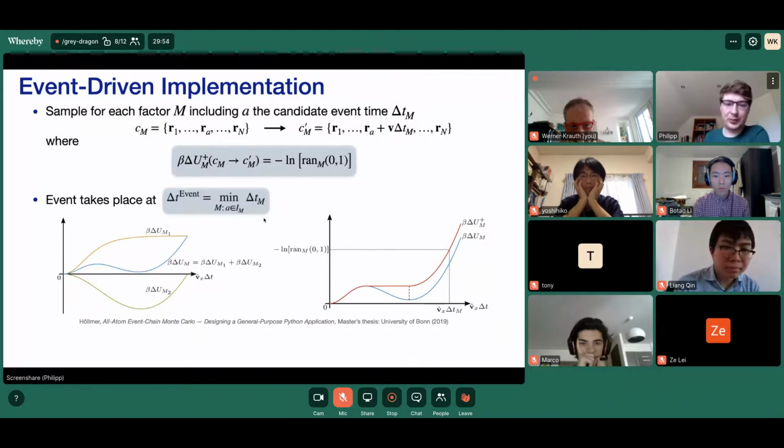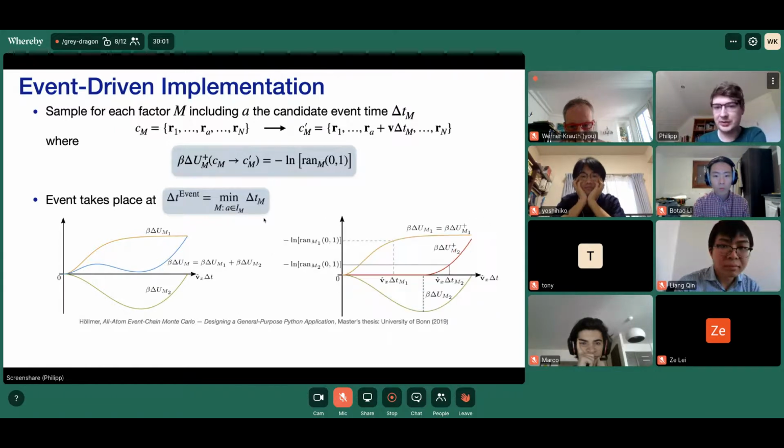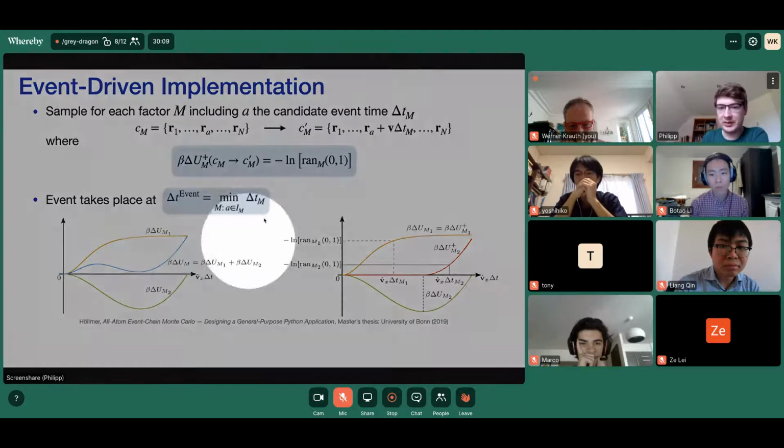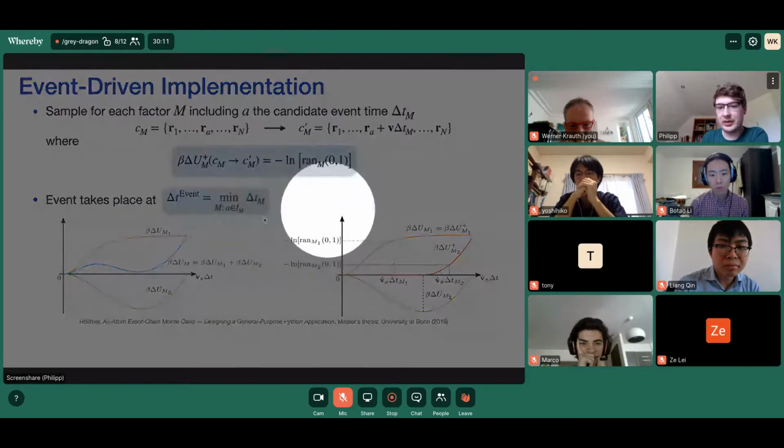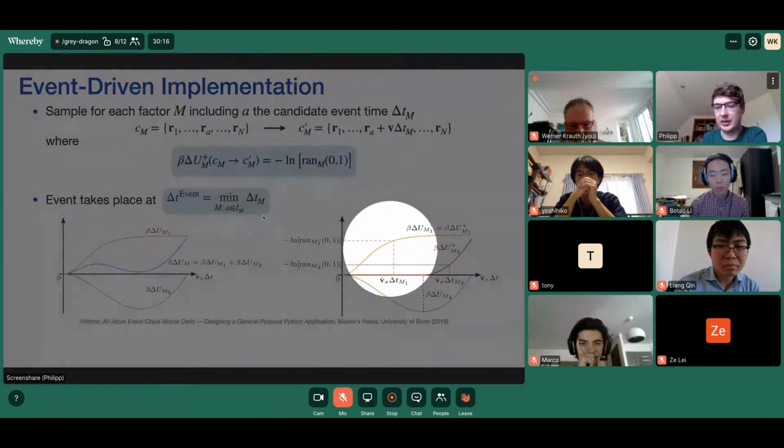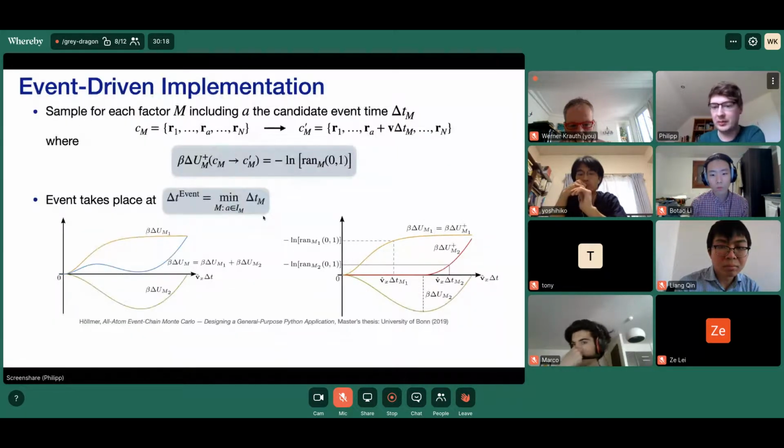However, I said the blue curve is the sum of two other curves, the yellow and green curve. So what I can also do is sample two statistically independent candidate event times. So here for the yellow curve, which is just increasing all the time, I take an exponentially distributed random number, and check where it hits the yellow curve. This gives me the first candidate event time. However, I have to do the same for the green curve.